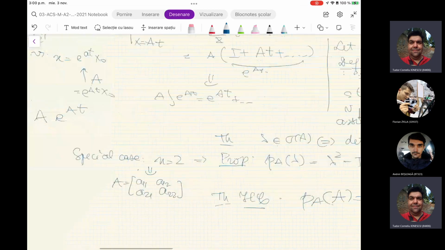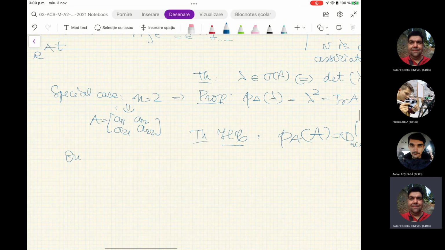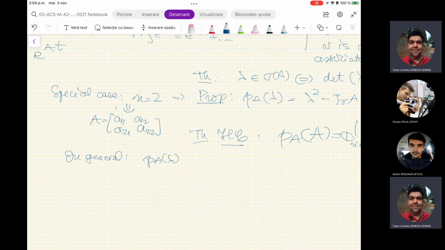But things are general. And in general, just remember this: p_A(lambda) for any matrix is lambda to the power n minus the trace of A times lambda to the n minus 1, and so on.